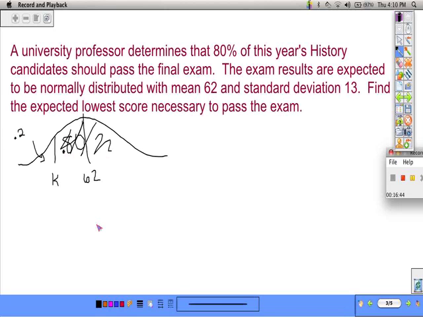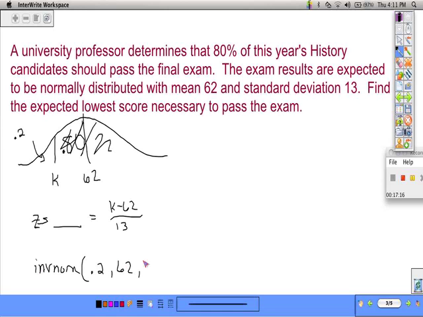And then once we have that z-score, we can set that equal to k minus 62 over 13. Or similarly, we can take the inverse norm of 0.2, because the probability less than this value is 0.2, with 62 and 13, and that will also get us the correct score for k.